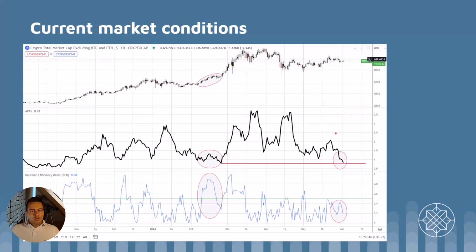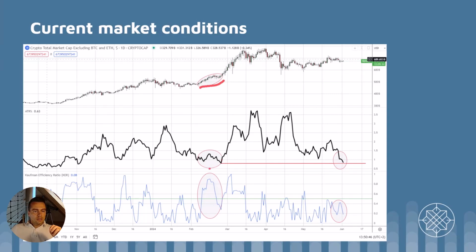And right now, what we can see is that the daily volatility of the total crypto market is close to a 4-month low, but the trendiness is even worse than it was at the start of February, because you can see it even here.